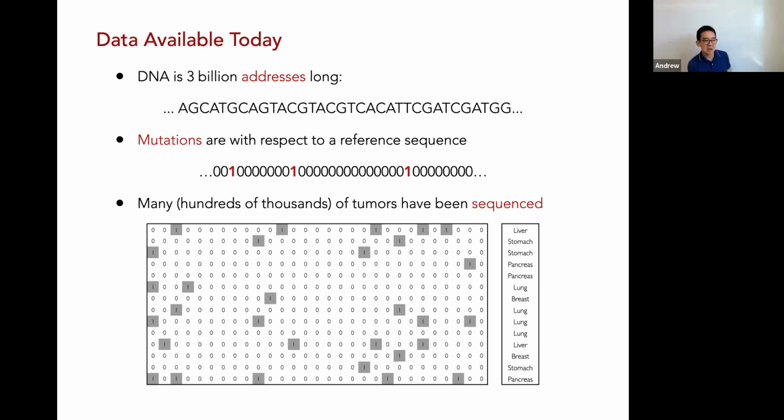If you look inside the table, you're going to see zeros and ones. And when you see a 1, that just means, hey, there was a mutation there at that address for that person. If you look at the far right of what I just drew here, you're going to see labels like liver, stomach, pancreas, breast. Those are the different tumor types. Okay, this is the data that we, and also Grail, are sitting on right now.